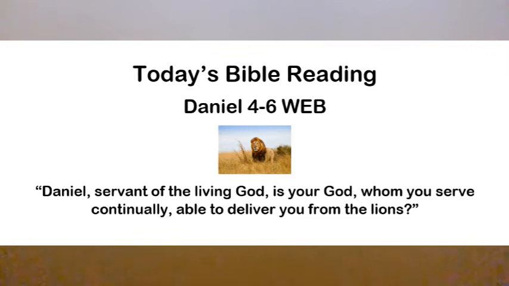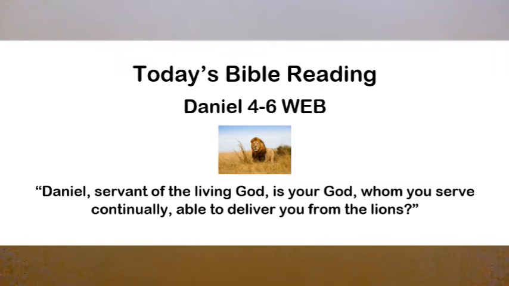The tree that you saw, which grew and was strong, whose height reached the sky, and its height to all the earth, whose leaves were beautiful and its fruit plentiful, and in it was food for all, and under which the animals of the field lived, on whose branches the birds of the sky had their habitation. It's you, O king, that have grown and become strong, for your greatness has grown and reaches the sky, and your dominion to the end of the earth.